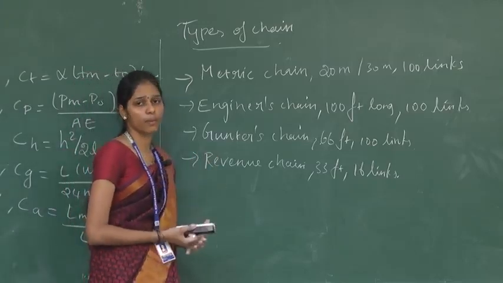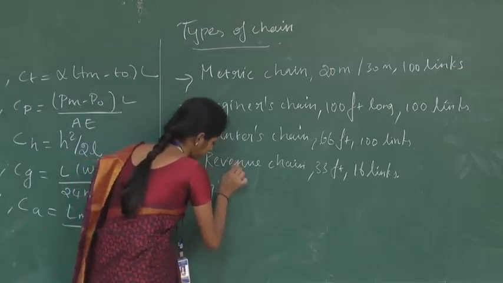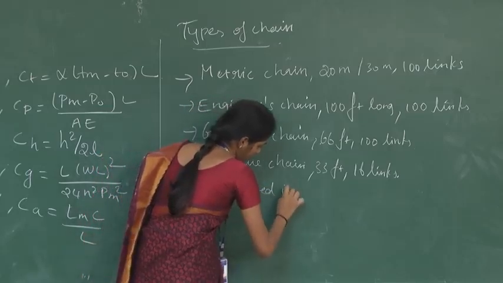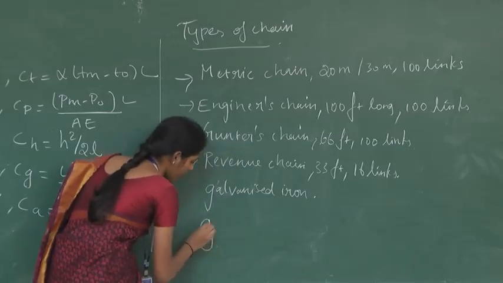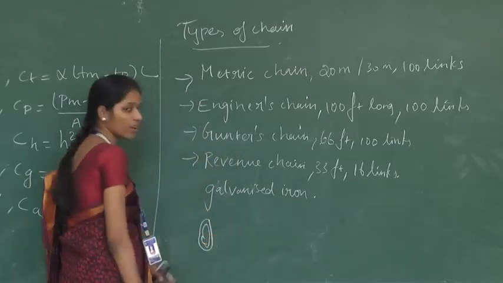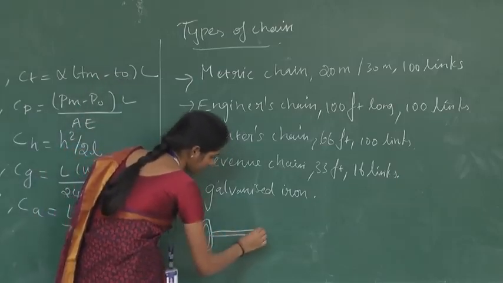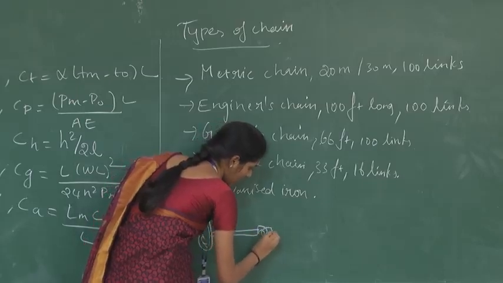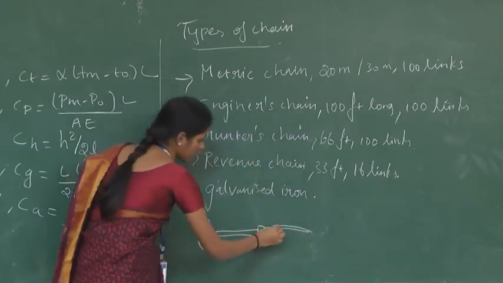Normally, the chain is made up of a material called galvanized iron. And at the two ends of the chain, there will be brass handles. And every link is attached with 3 rings.